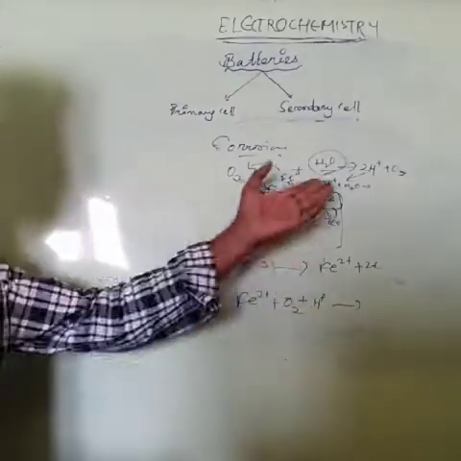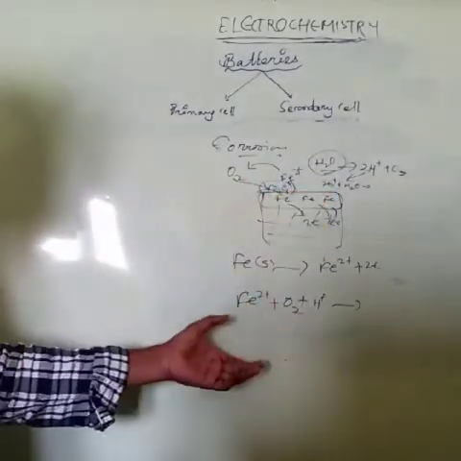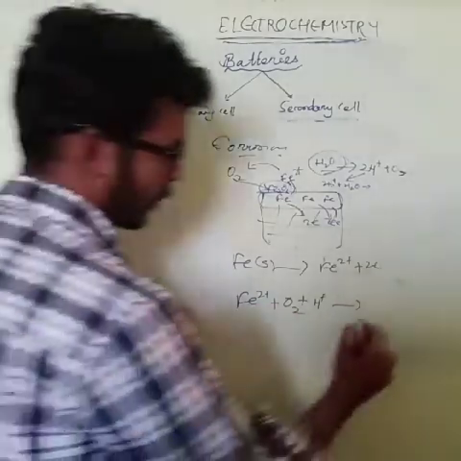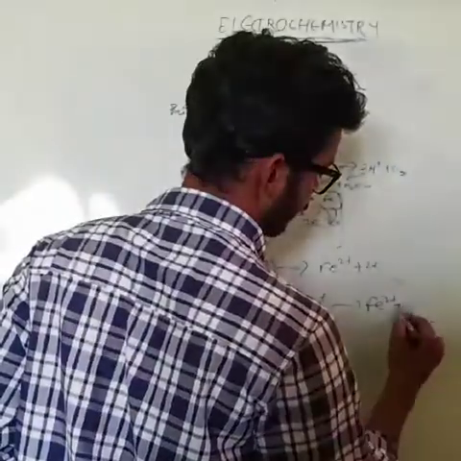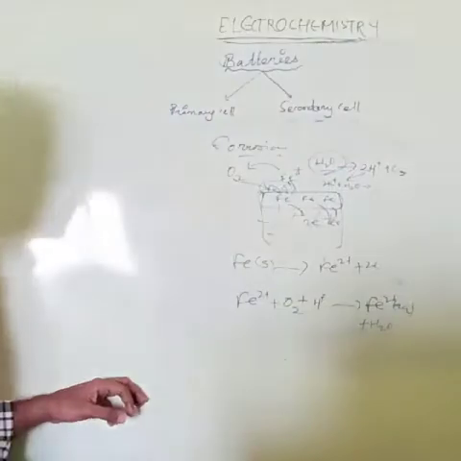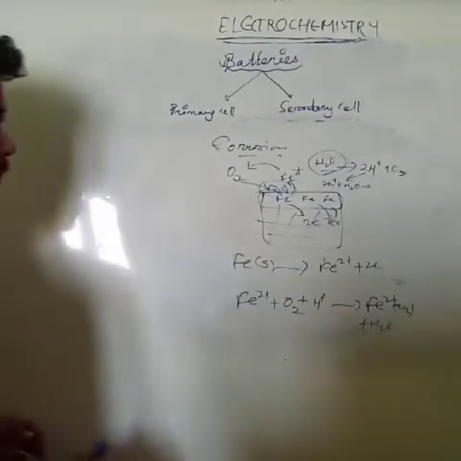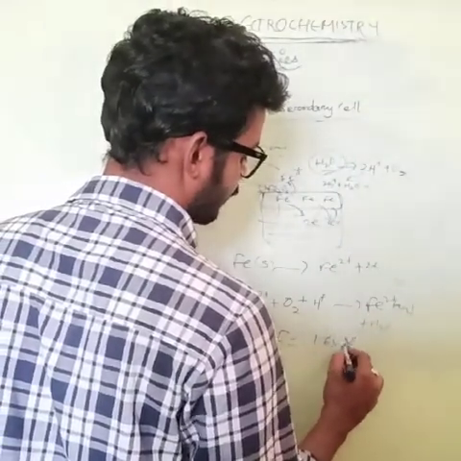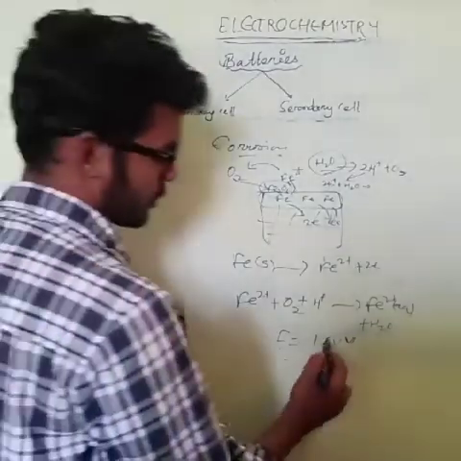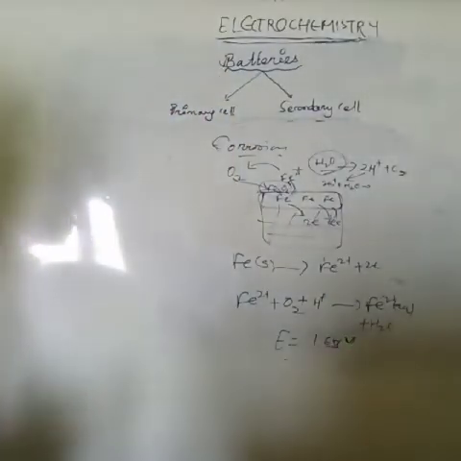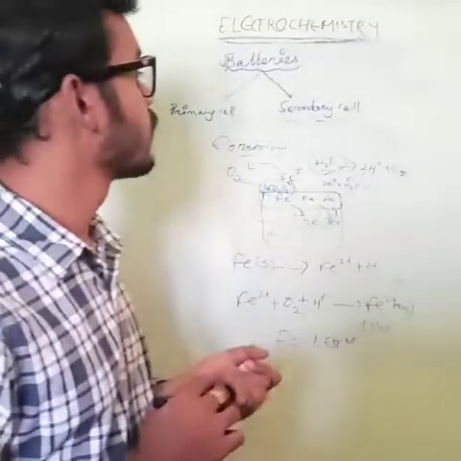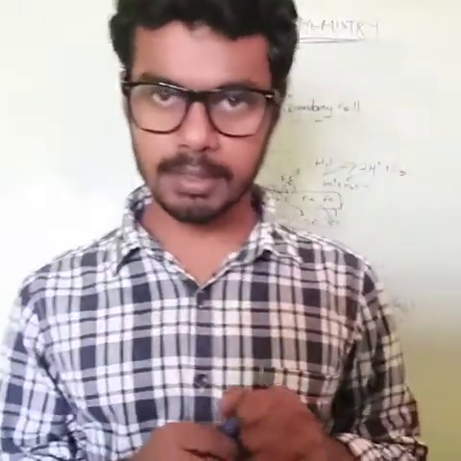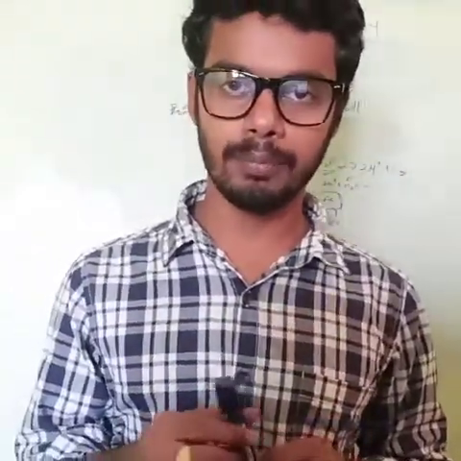This is the reaction, how it will neutralize that acidic medium, or overall reaction if you write in this way, then this is nothing but your Fe2+ aqueous plus H2O, and the E value equals 1.6 volt. Okay, so this is about your corrosion, or the chapter electrochemistry. Do the exercise. Okay, if any doubt, let me know. I'll explain it again.